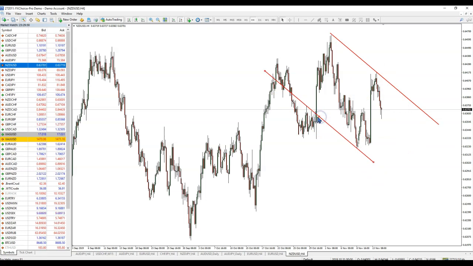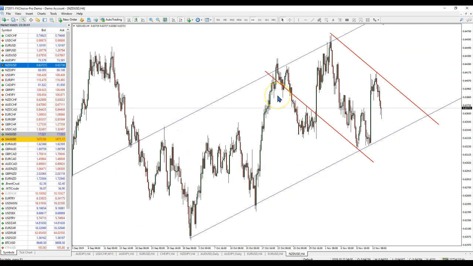And we could still analyze this as a larger scale, right? It's like a channel within a channel. The blue one is representing a wider scale, and the red one is a smaller scale within the larger channel.